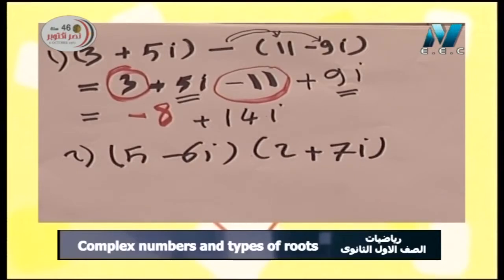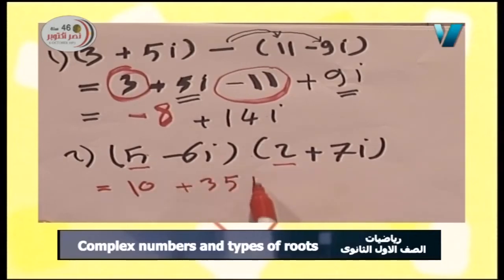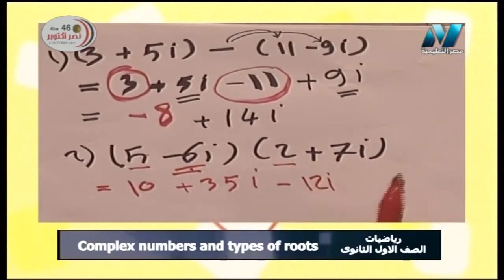We will multiply 5 first. 5 times 2 equals 10, and 5 multiplied by 7i equals 35i. And then we will transfer to negative 6i. Negative 6i multiplied by 2 equals negative 12i, and negative 6i times 7i equals negative 42i squared.